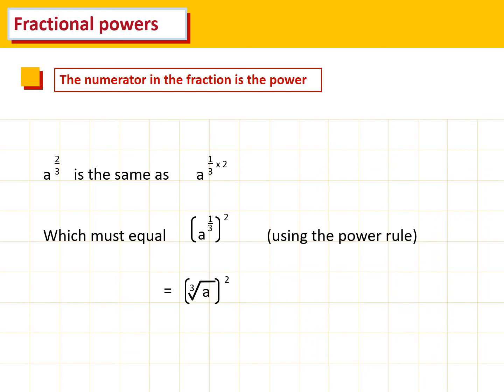So in the fractional power of 2/3, the 3, which is the denominator, is the root, and 2, which is the numerator, is the power. So remember that the denominator in the fractional power is the root, and the numerator in the fraction is the power.